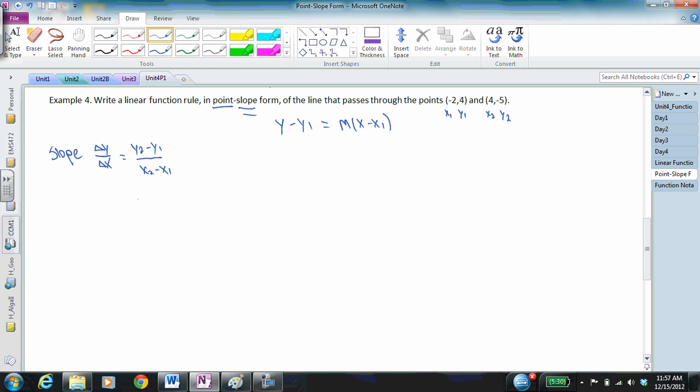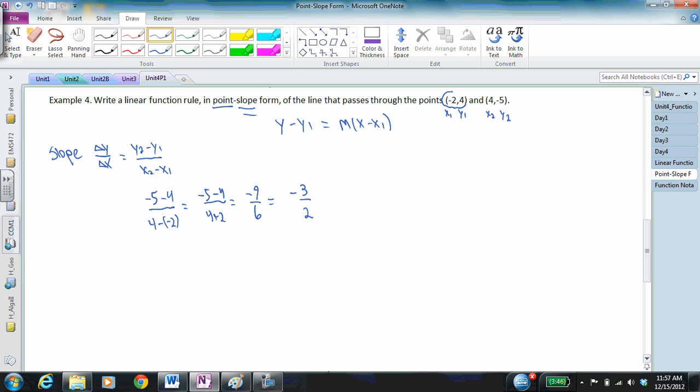So the slope in this case is going to be -5 minus 4 divided by 4 minus -2. So that's -5 minus 4 divided by 4 plus 2, which is -9 over 6, which simplifies to -3/2. So now I have a slope, and I can pick a point.